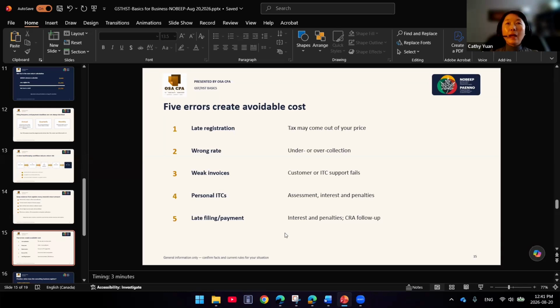Okay, the late filing. For GST/HST, it's very good because the CRA will always remind the business owner. After you open this GST/HST account, through the CRA My Business account, by phone or website, they know that this business has an outstanding tax return. They will remind you by email or by mail.